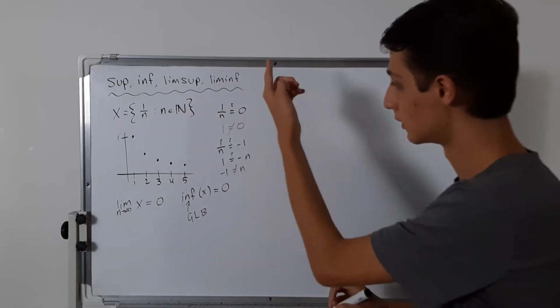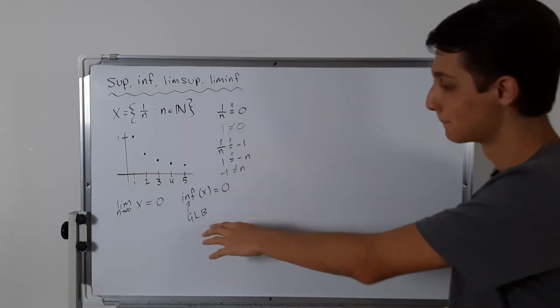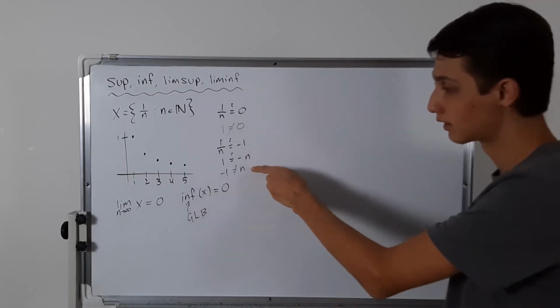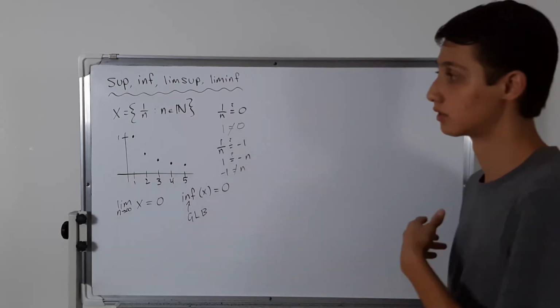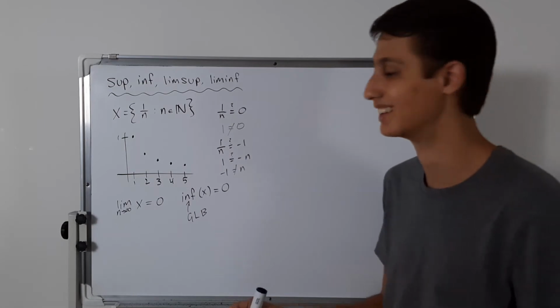Any negative number works for that reason. So -1 is a valid lower bound, but so is -2, -5, or -infinity, technically.